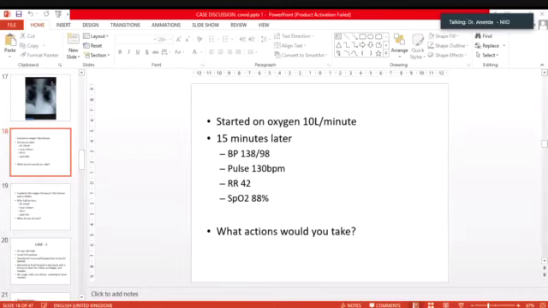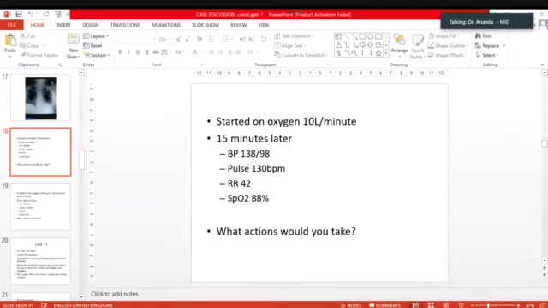Okay, target saturation is usually more than 92 we have to keep, but we are not going to go beyond, we are not going to go for 100%, 98% saturation. Above 94 it should be okay, right? Right. So we have to increase the oxygen. Yes, as you have mentioned here, we have to increase the oxygen to 15 liters.